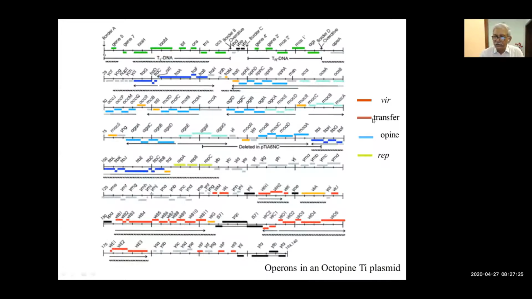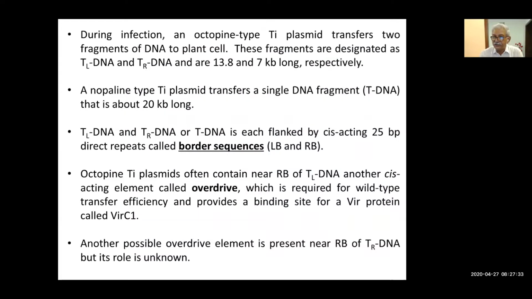I don't want you to remember this slide, I just want you to remember that the wild type plasmid has got 155 genes. So what happens actually with these Ti plasmids is that during infection, an octopine type plasmid transfers 2 fragments because it produces 2 DNA.